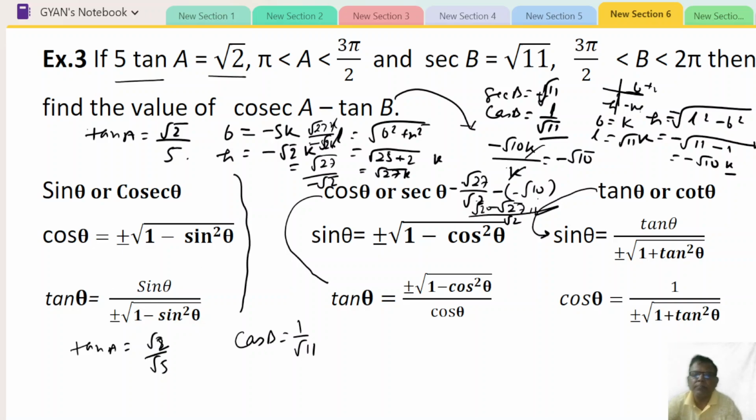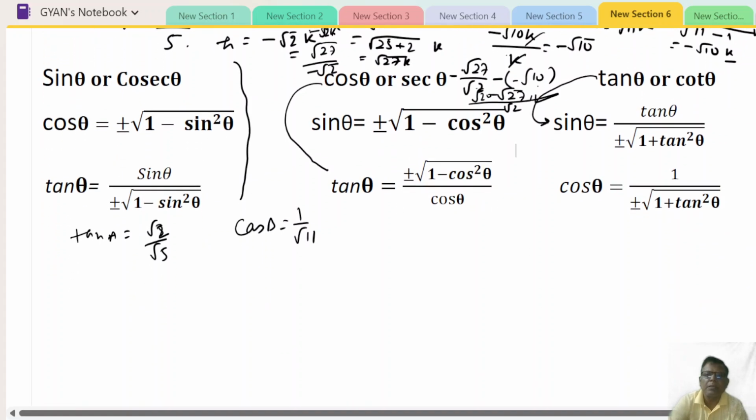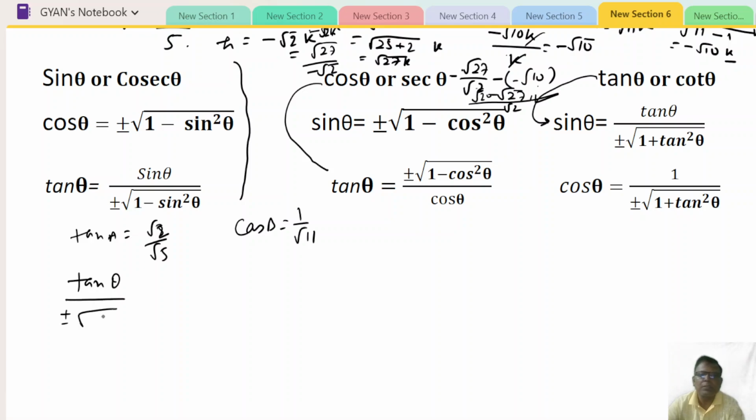So first you find sine, then sine is equal to tan theta by root over plus minus 1 plus tan square theta. Now what you will consider? You will consider minus only. Why minus? Because sine is in this coordinate. This coordinate sign is negative. So you have to take it minus only.